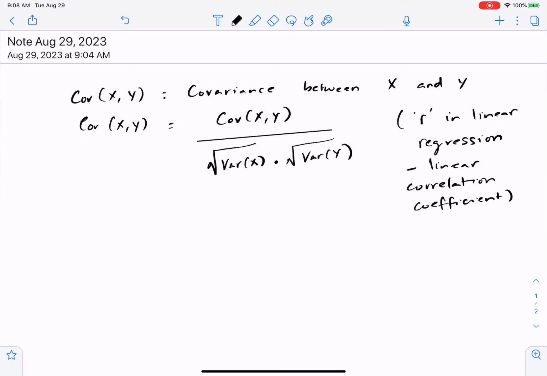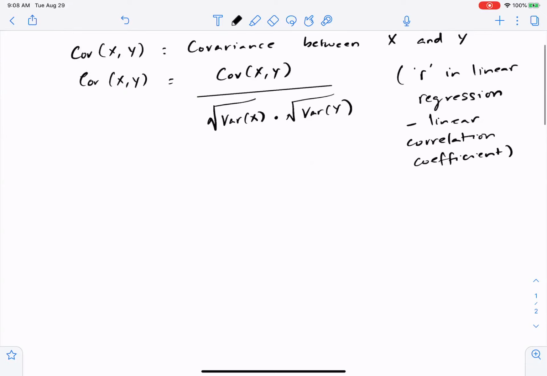So the reason why we go for correlation is because covariance doesn't actually give us the strength of variability between two random variables.